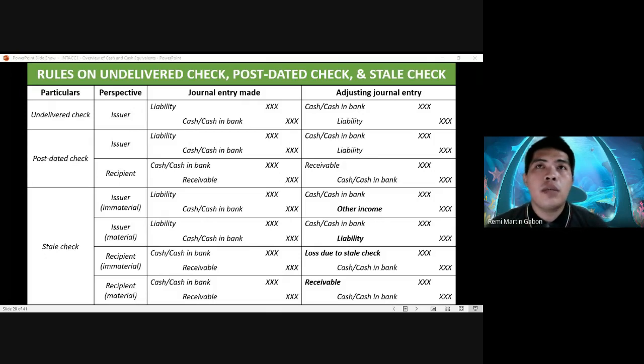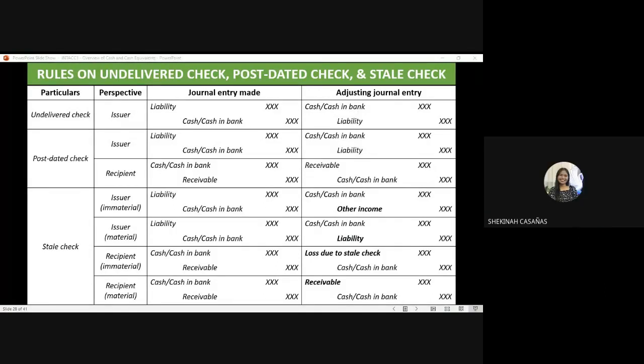As per confirmation earlier with the morning class, I was able to know you don't have yet a discussion about materiality because you're just taking up currently the conceptual framework and accounting standards. Tama ba?